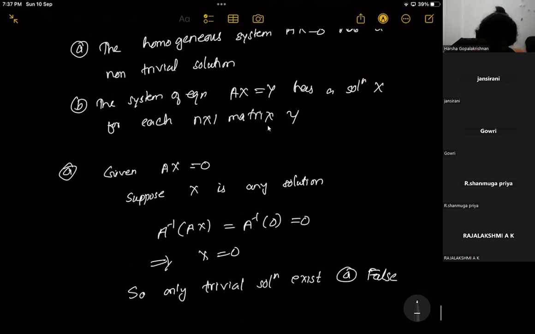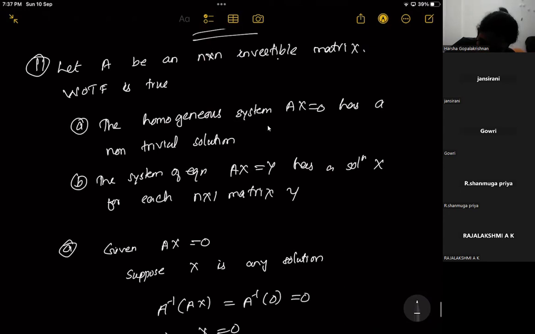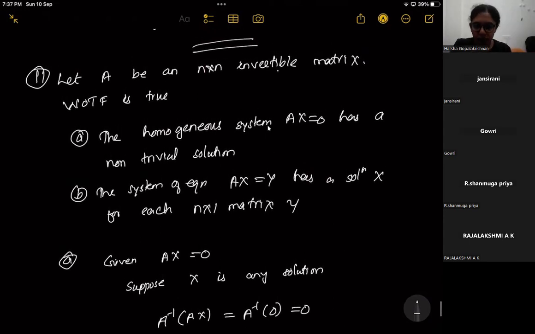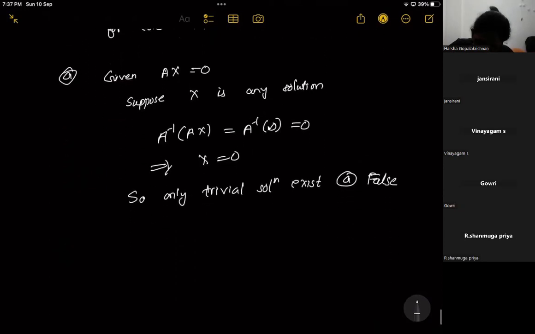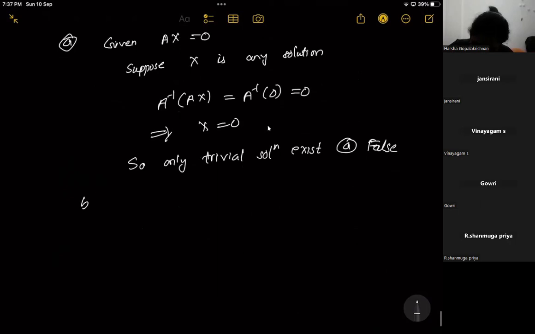Here we have Ax equal to y, and given A is invertible, so we can multiply with A inverse on both sides. A inverse Ax equal to A inverse y implies x equal to A inverse y is the required solution. So option B is true.